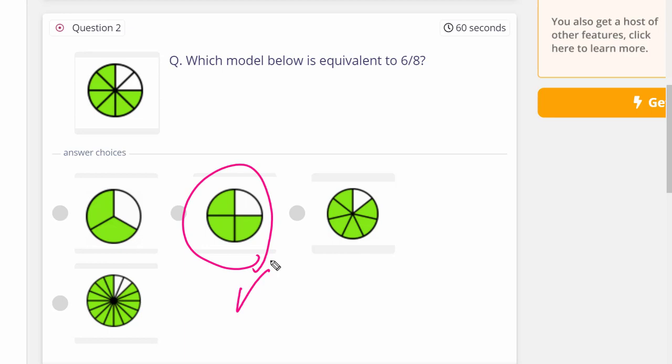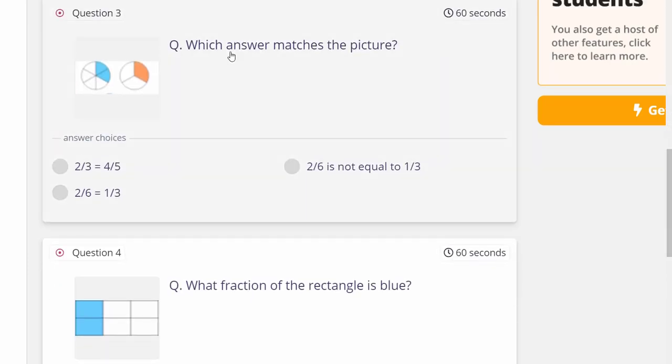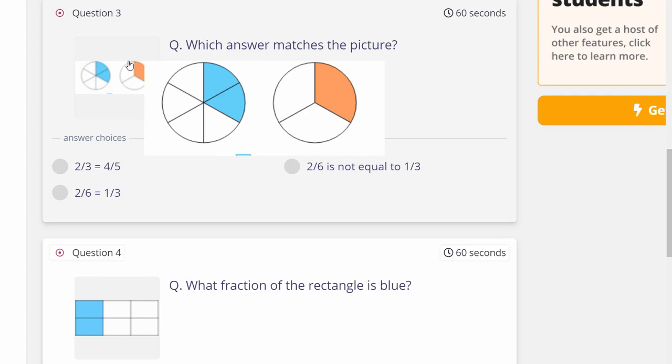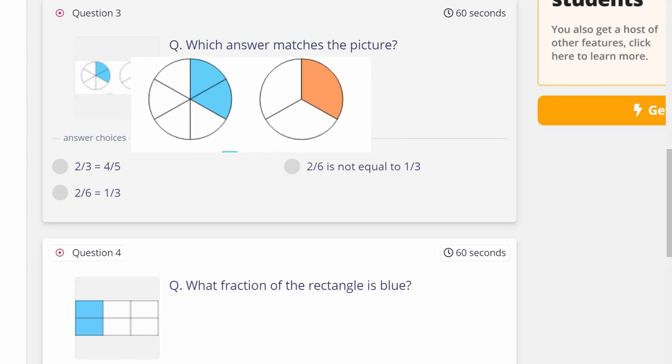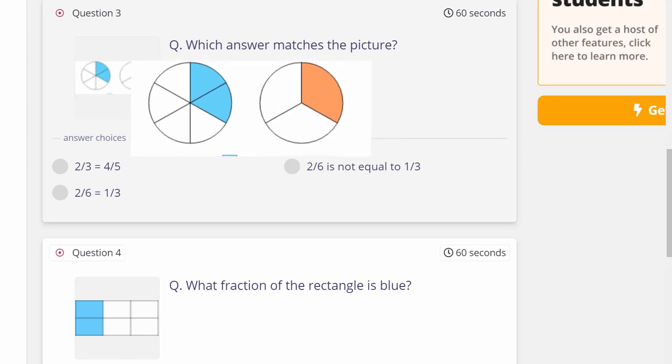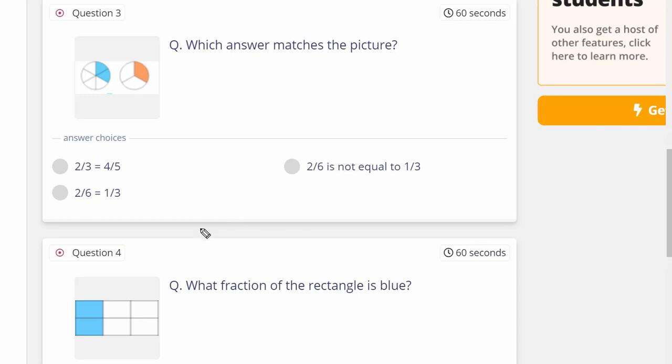Thank you, my hero. Okay, this picture matches which one of these? 2/6 equals 1/3. Excellent, thank you, my hero. So this is 2/6 equal 1/3.